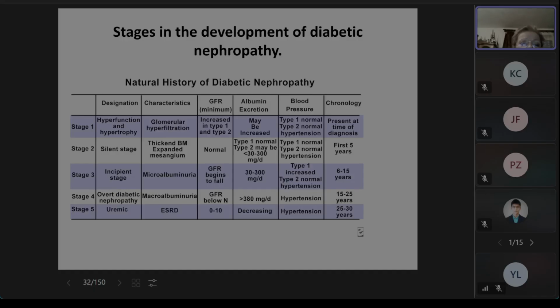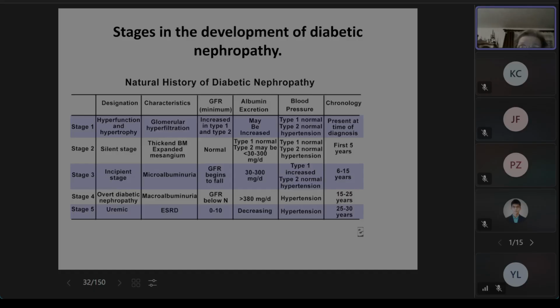The second stage of diabetic nephropathy is usually called the silent stage because we can see thickening of the basement membrane and expansion of the mesangium under kidney biopsy, but there is a normal level of GFR. Of course, the GFR level is coming down, but it is near normal. It is still over 90 milliliters per minute.